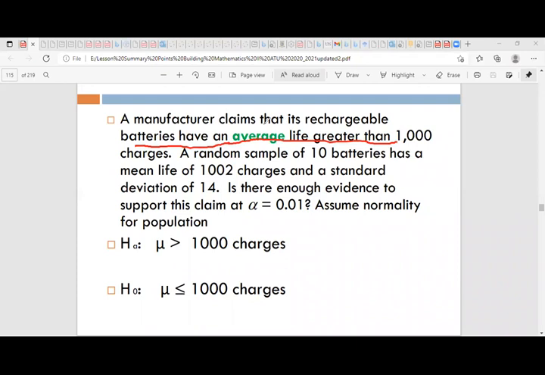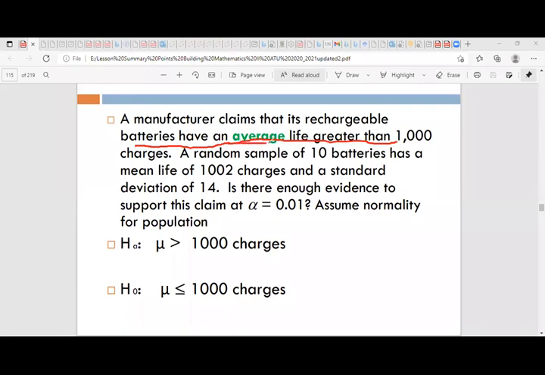Now, in writing out the hypothesis in a mathematical form like we have here, what you do is first, you have to translate the given statement into a mathematical form. For example, we are saying the manufacturer claims that its rechargeable batteries have an average life.